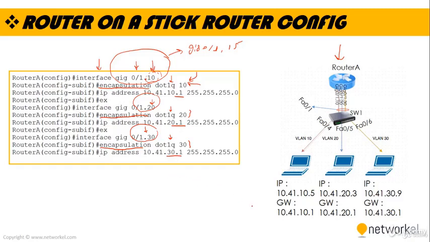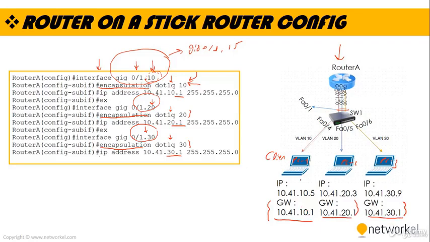What I need to configure on the client side, for example PC1, PC2, and PC3, is the sub-interface IP addresses as the default gateway of these clients.